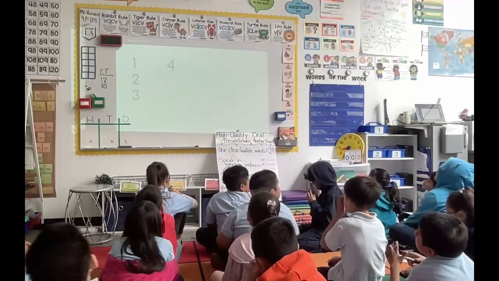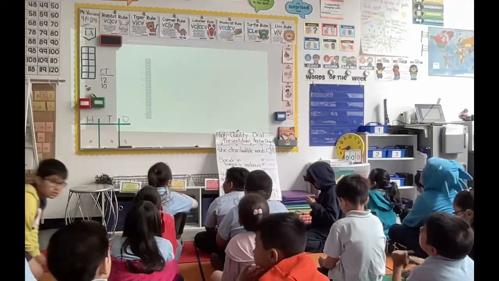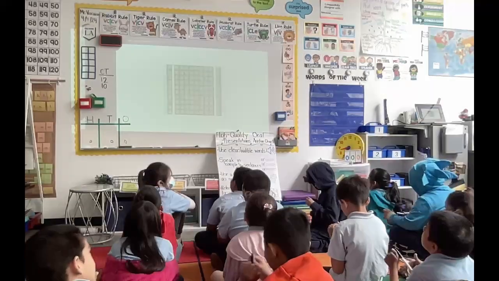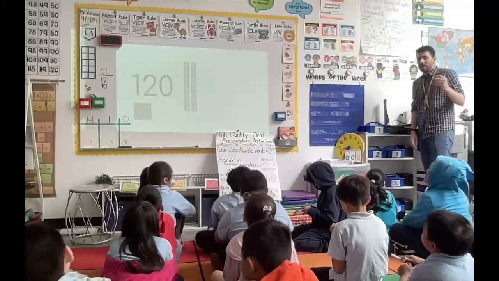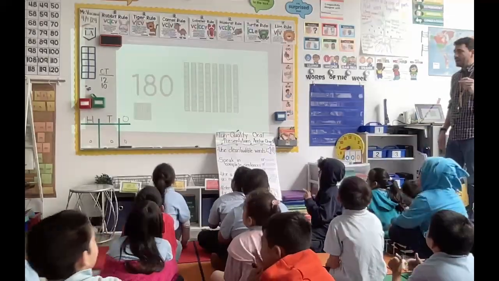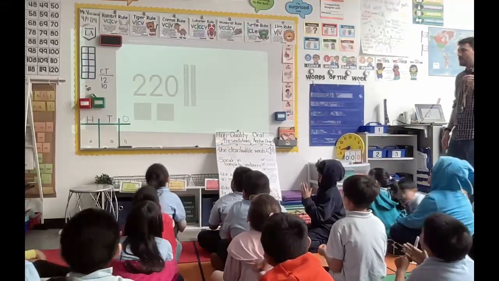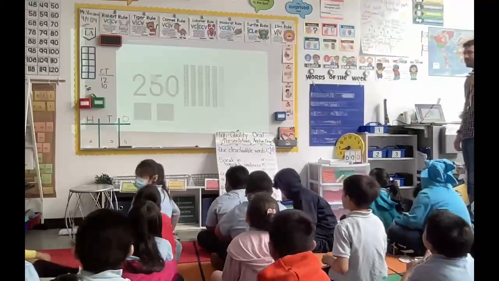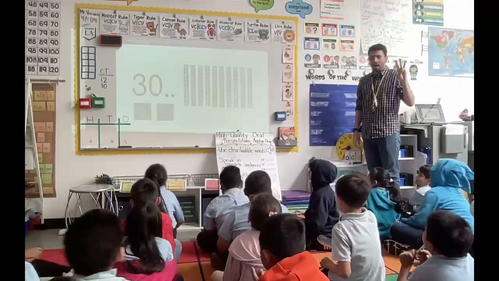It's like counting by ones with a 0 at the end. And when you reach 100, you can start again. 100, 10, 20, 30, 40, 50, 60, 70, 80, 90, 200. 10, 20, 30, 40, 50, 60, 70, 80, 90, 300.